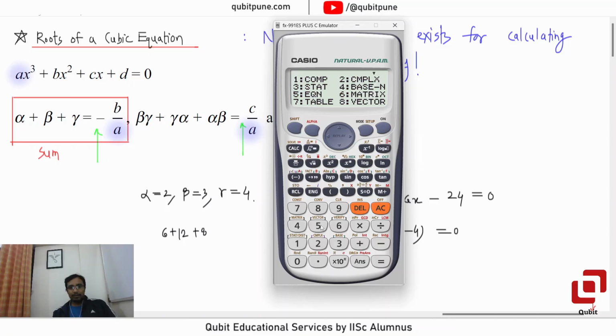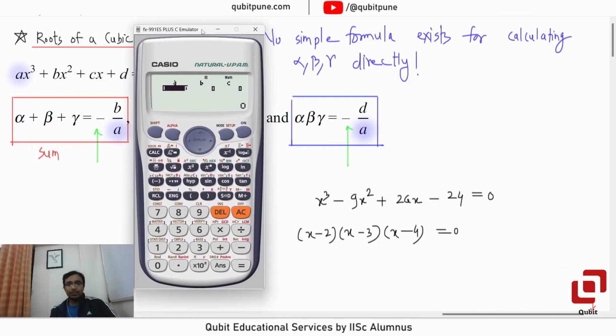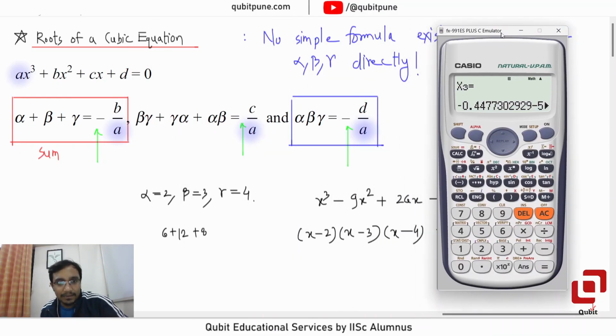Matrix equation, cubic polynomial. Yeah, so the coefficients are 1, negative 9, 26 and negative 24. Oh, sorry, did I make any mistake in that?